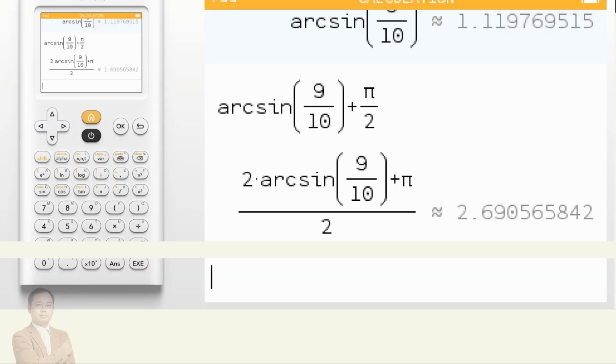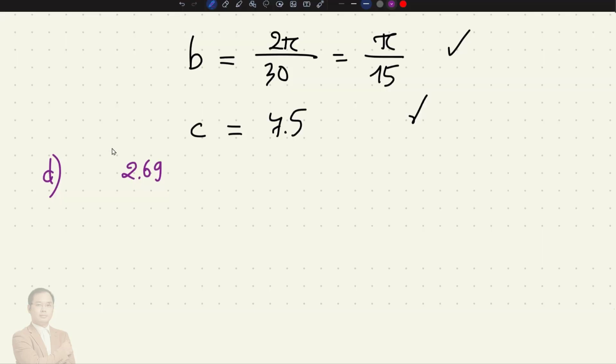When we compare it with 2 pi, which is one rotation, this ratio will be equal to the ratio between the time we need to find, for the wheel to go to the new height of 96 meters, and the period T, which is 30 minutes.